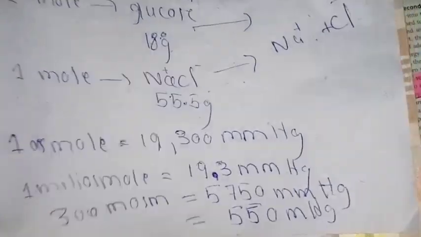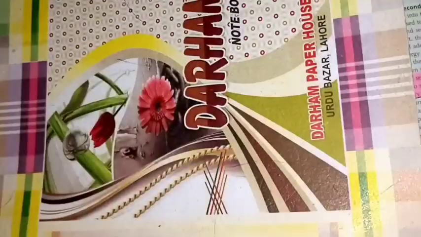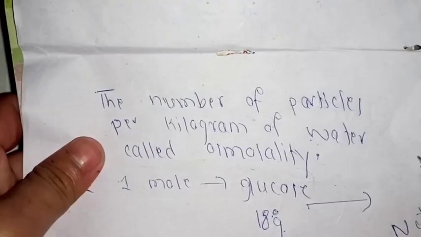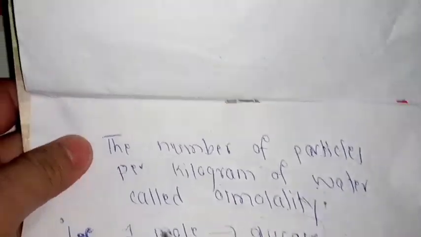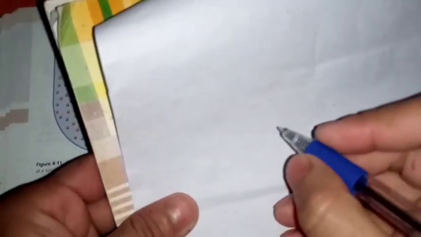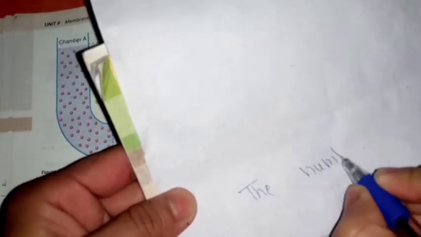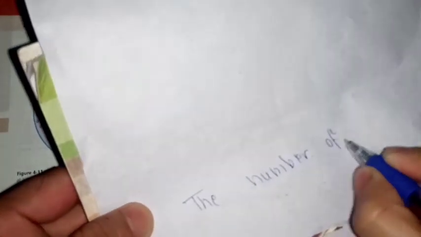Now there is a little bit of difference between osmolality and osmolarity. The number of particles per kilogram of water is called osmolality, and the number of particles per liter is called osmolarity.